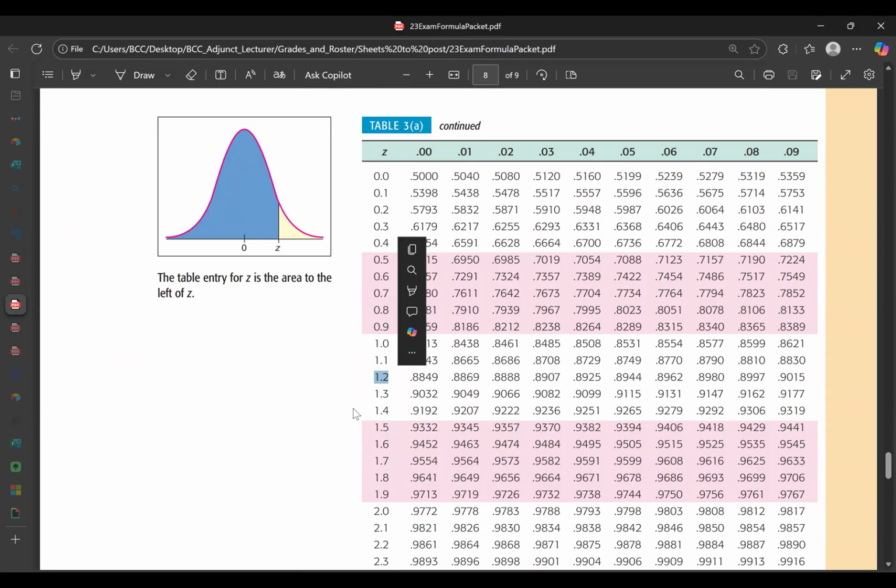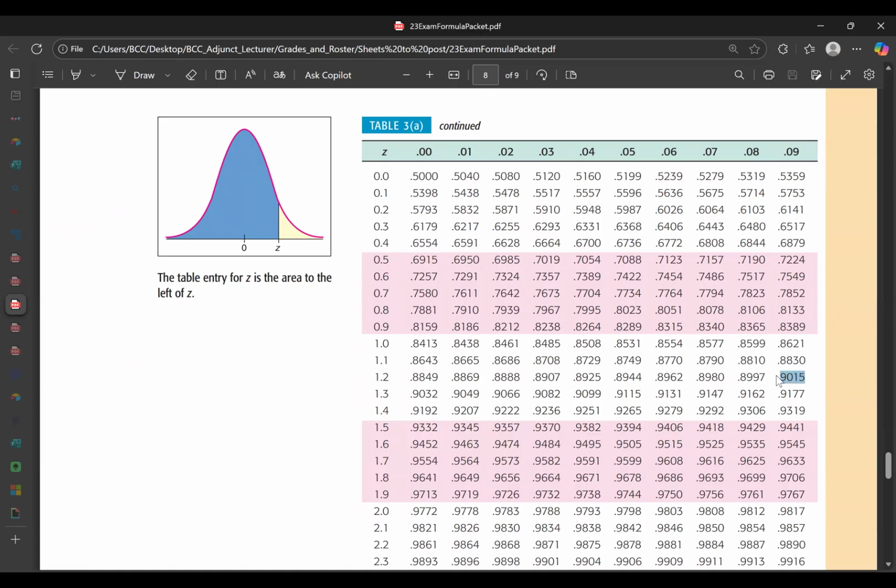1.2, but the 9 part that I'm looking for is at the top up here. So this is 0, 1, 2, 3, 4, 8, and then here goes the 9. I'm looking for where they intersect: the 0.09 and the 1.2. It looks like they both intersect right here.